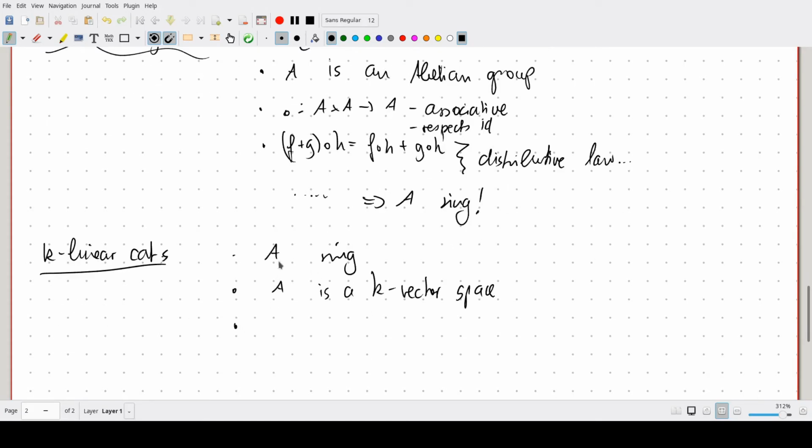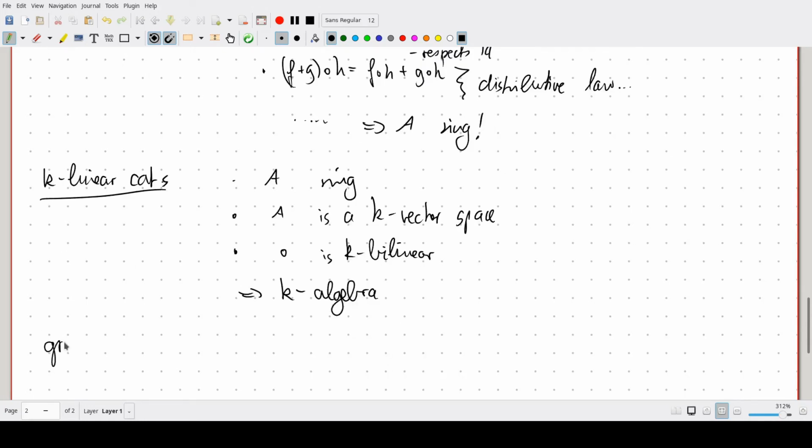And we have that the ring multiplication, or I guess the composition, is k-bilinear. And what does this now sound like? A vector space where you can also multiply elements in such a way that it forms a ring, and so that the k-linear structure and the ring structure are compatible. This is precisely one of the definitions of a k-algebra.